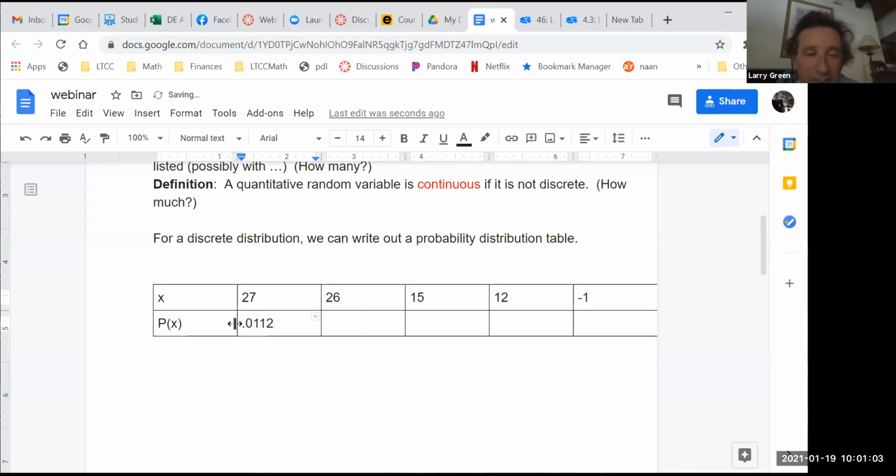And the good news for this example, which is not true of all examples, is that the probability of winning $26 is also the same, because each of those had one thing that made you win. So that's also 0.0112. And in fact, let me just copy and paste. And the same thing for 15 and 12.